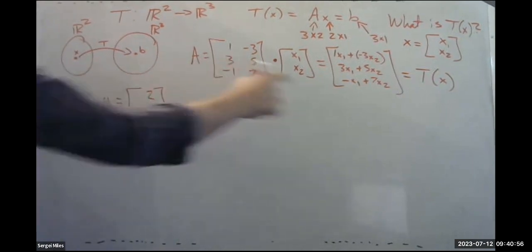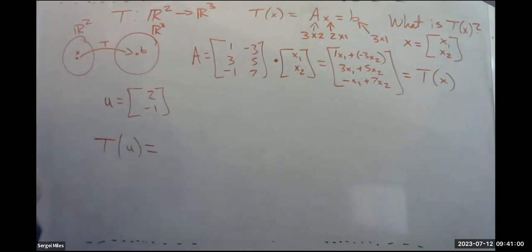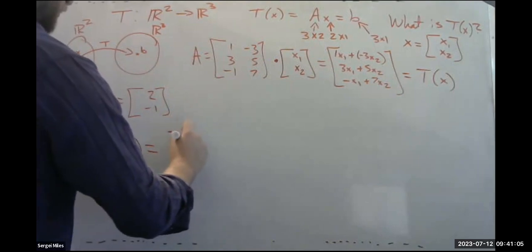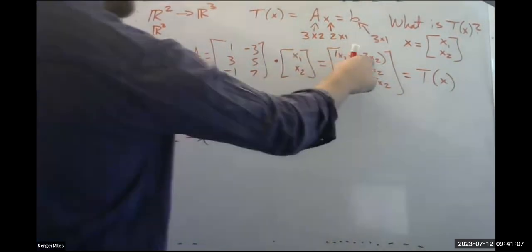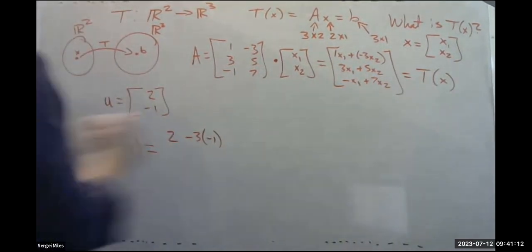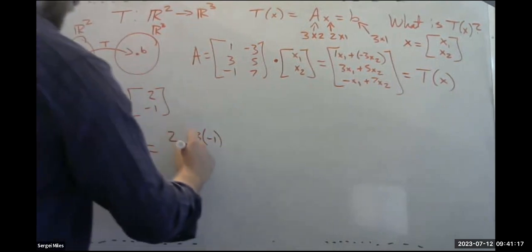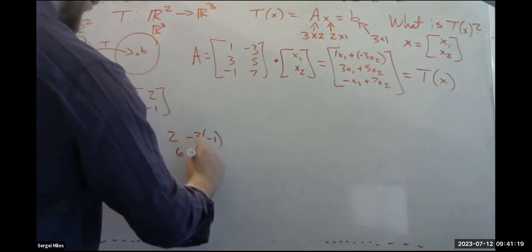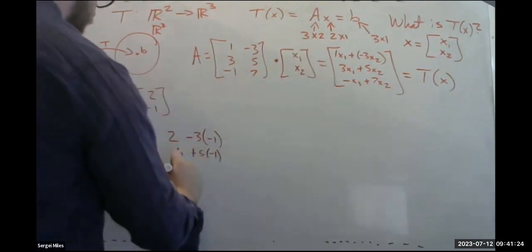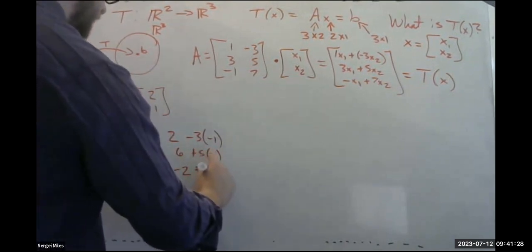Well, based on my formula here, I now know T of u equals x1, okay, that's 2, minus 3 times x2, well, that's a -1, 3 times x1, which is 6, plus 5 times x2, which is -1, negative x1, which is -2, plus 7 times -1.